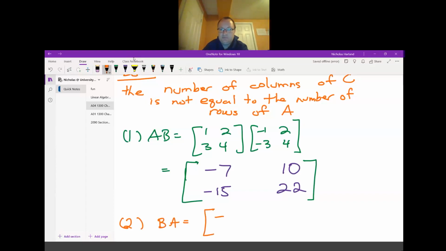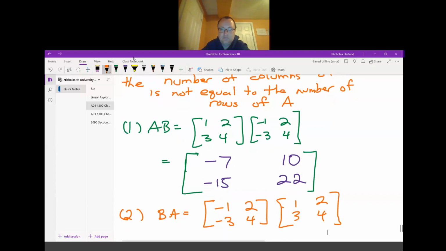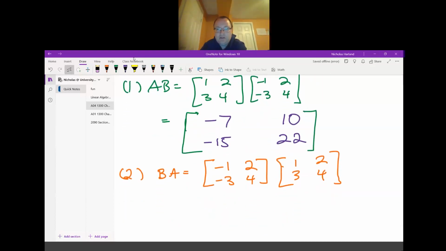All right, so we tried them the other way around. Again, if we do this, quick little check. 2 columns in B, 2 rows in A, so that's defined. We take our first row times our first column, and what do we get?